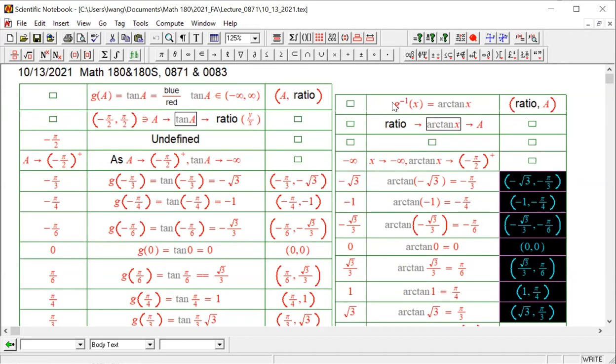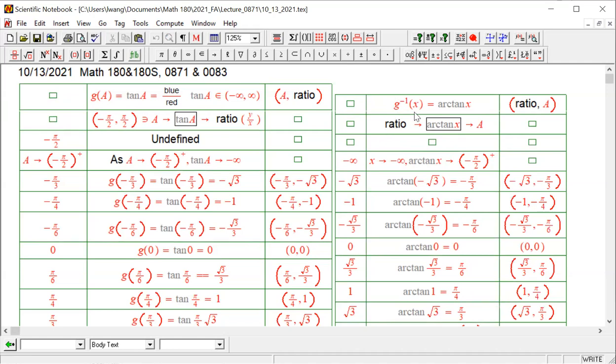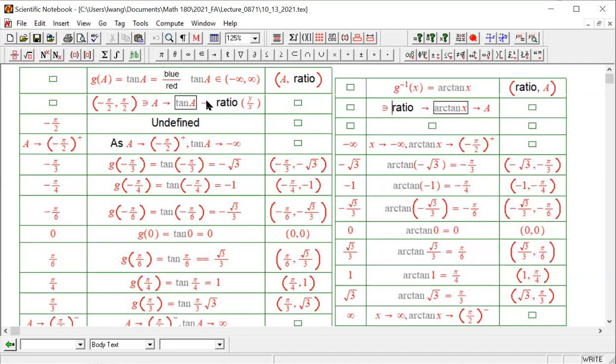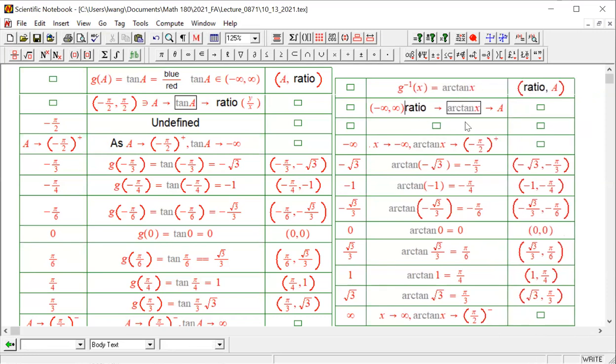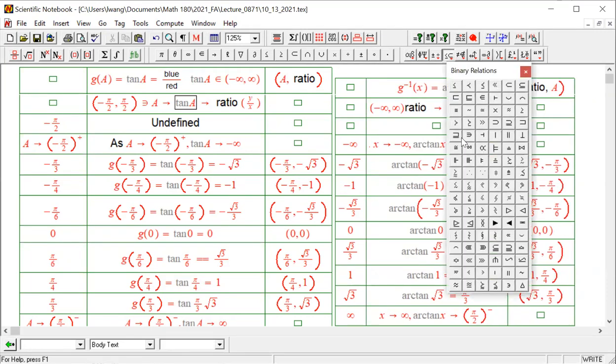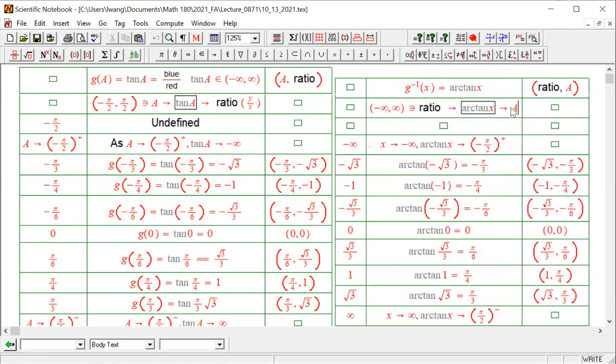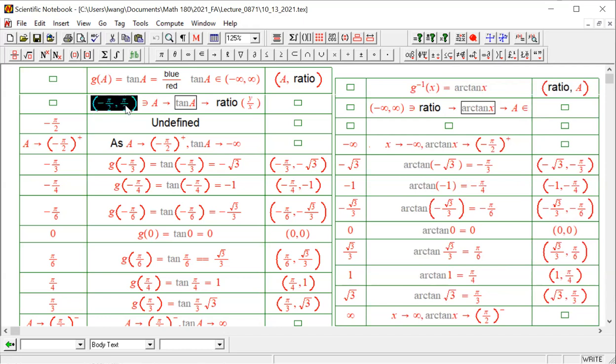And this time the domain, the ratio, is from negative infinity to positive infinity. And the angle we're getting is going to be the range. The range of arctangent is between negative pi over 2 and pi over 2.